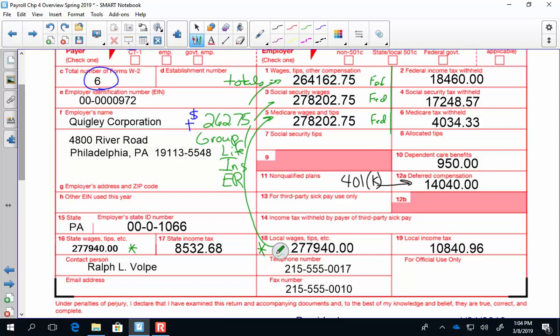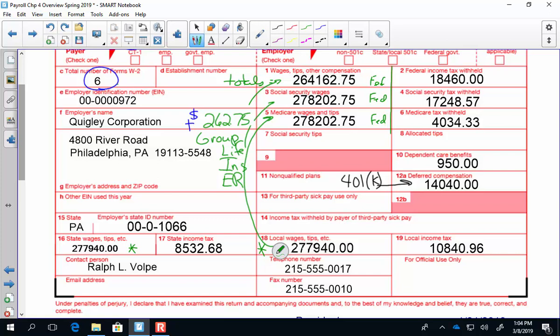Also be aware that we had $950 of dependent care benefits. And I'm just looking to see who that was on. Vocal, Ralph.